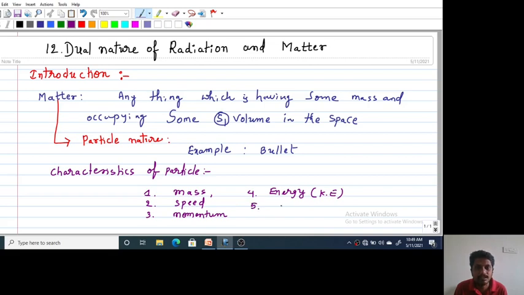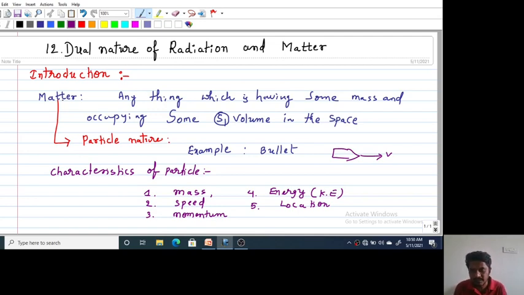Next, it has a location, a very important characteristic property. When a bullet is fired from a gun, we can say the location of the bullet at a particular time. If you know the speed, you can analyze what will be the location of the bullet after 10 seconds.